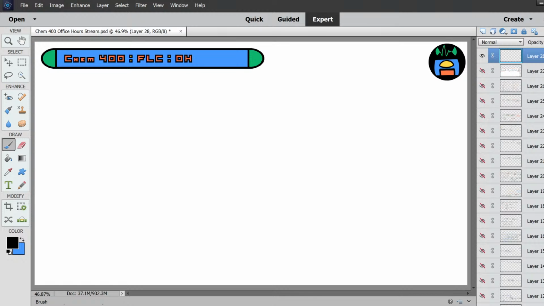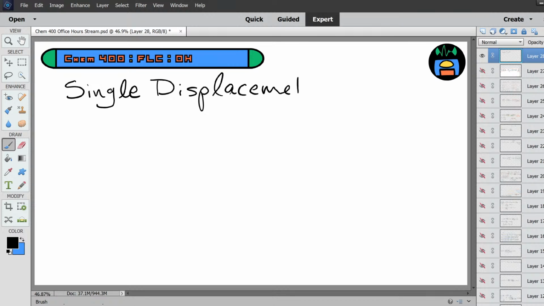So all of these are a class of reaction sometimes called single displacement reactions.